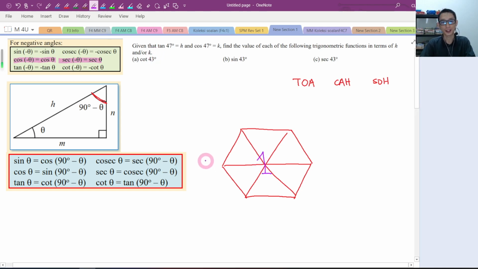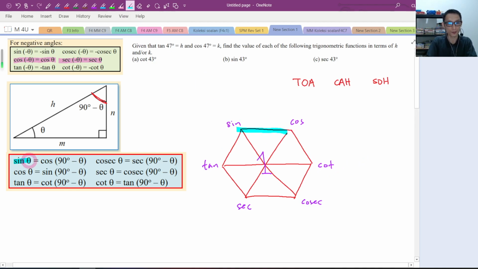Remember, tangent is equal to sine over cosine, right? Opposite sine, 1 over sine will be cosecant. Just remember it like this. Opposite cosine, 1 over cosine will be secant. Opposite tangent, 1 over tangent will be cotangent.